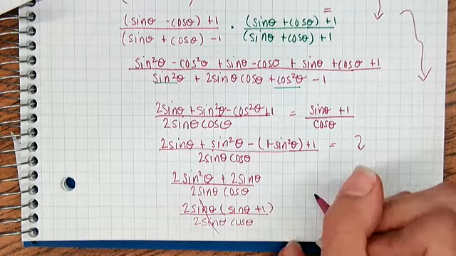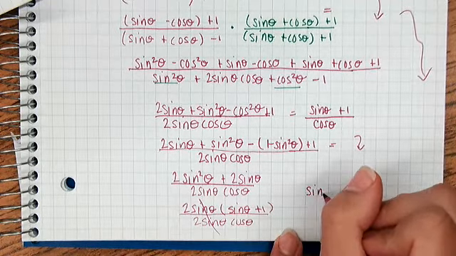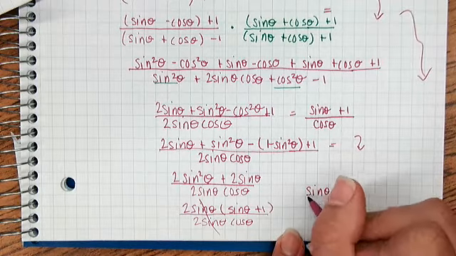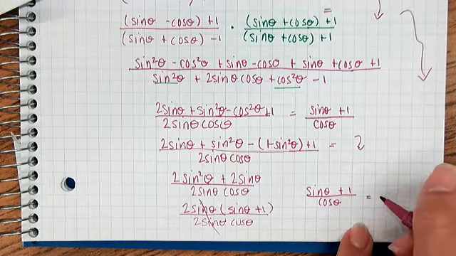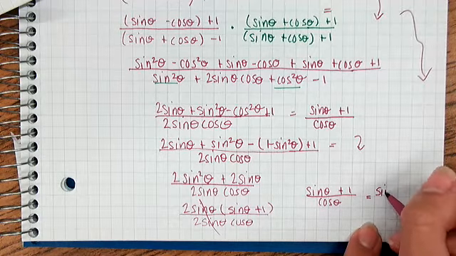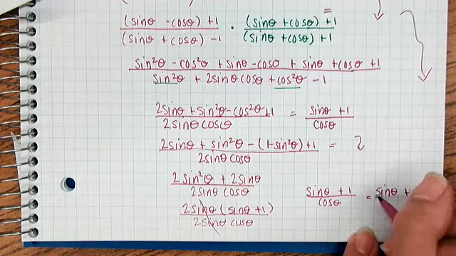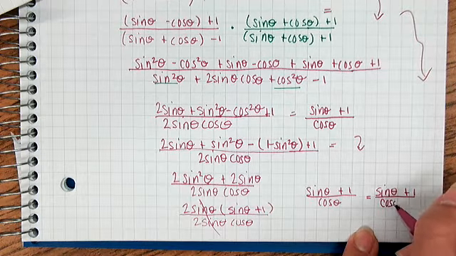Reduce, and you are left with sine theta plus 1 over cosine. That is equal to sine theta plus 1 over cosine.